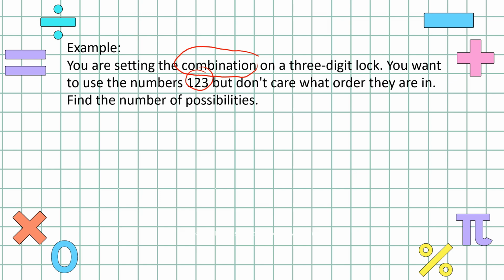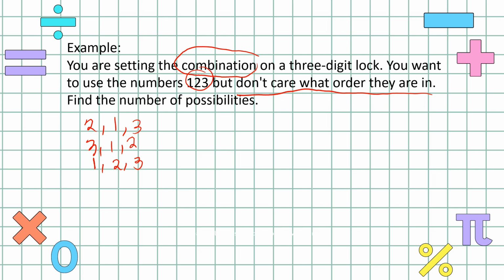Let's find out. Now, based on the description, don't care what order they are in, what does it mean? It implies that since you don't care about the order, you can have 2, 1, 3, you can have 3, 1, 2, or you may also have 1, 2, 3 itself, and so on and so forth.